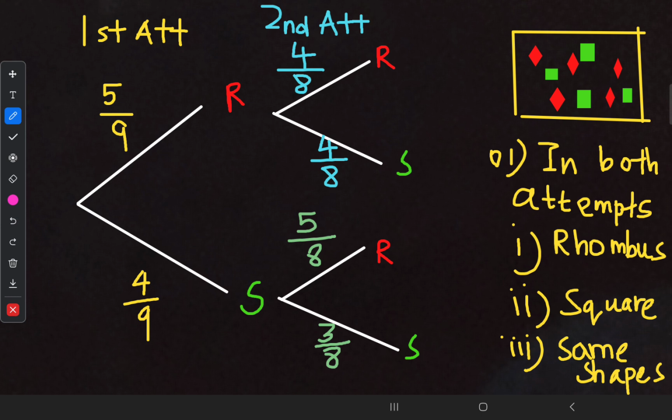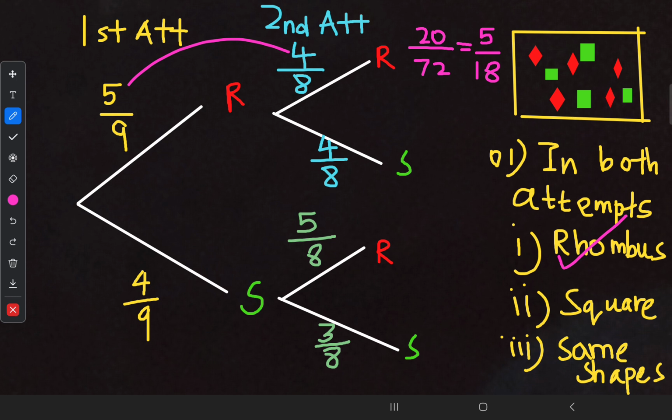When you multiply these two, 5 fours are 20, divided by 9 eights are 72. When you simplify this by number 4, that will give you 5 upon 18. That would be the probability for our first question.